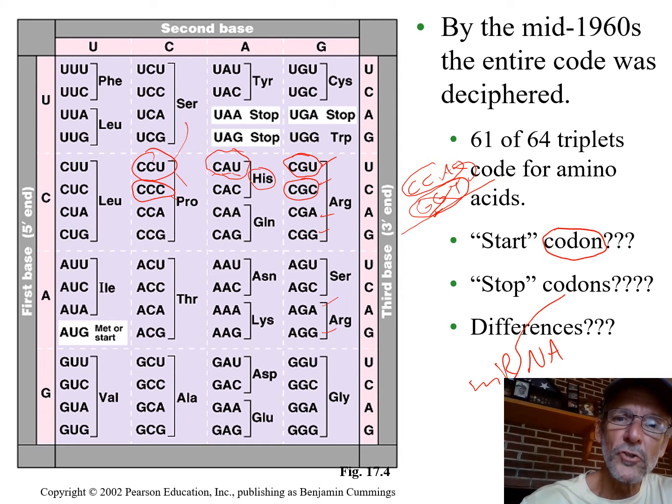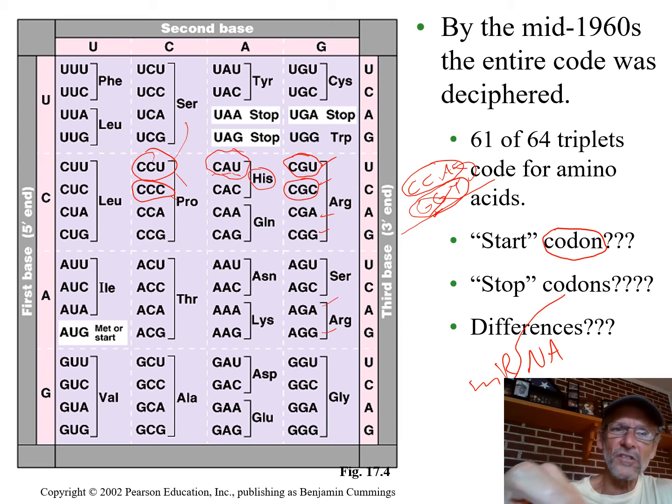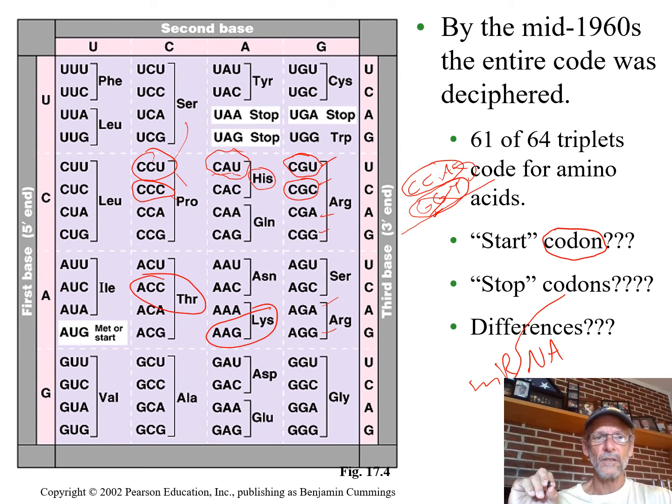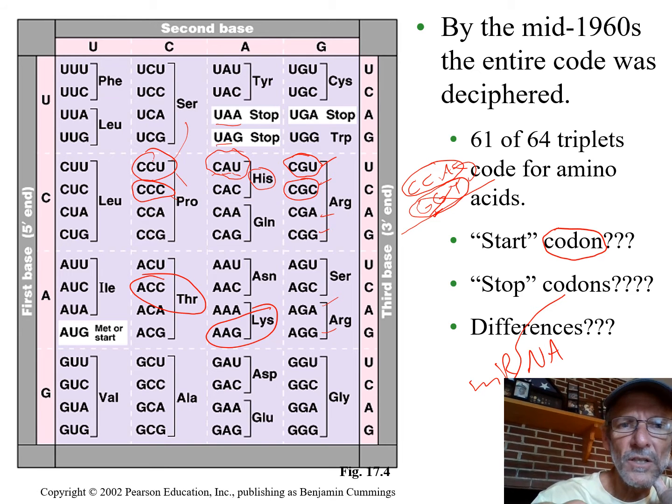Only on a messenger RNA molecule do we have a 3 base segment that we use the word codon for. This chart is based on 3 base segments of messenger RNA and associating each one of those to a particular amino acid.